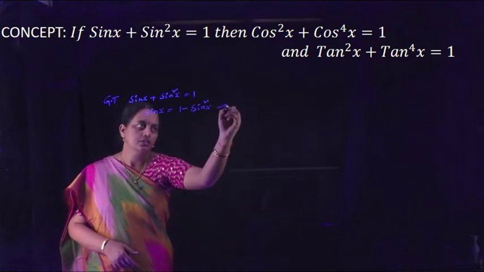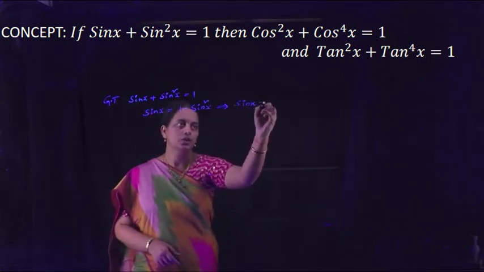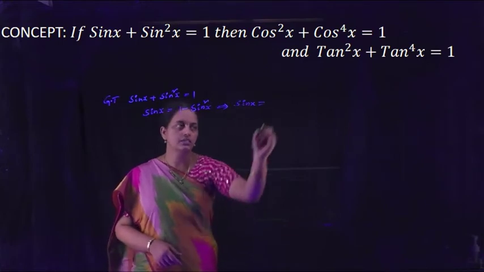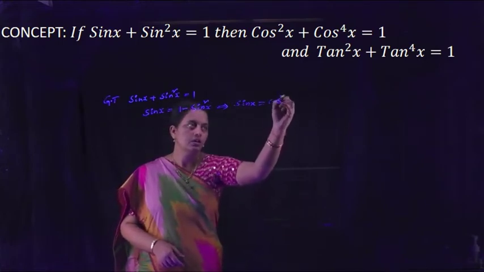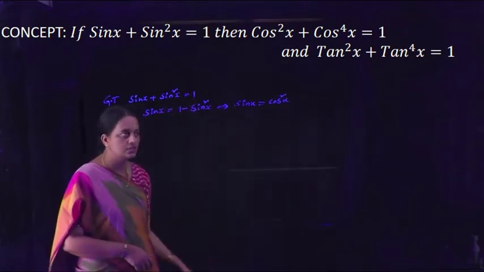From the first identity, 1 minus sin square x means cos square x.